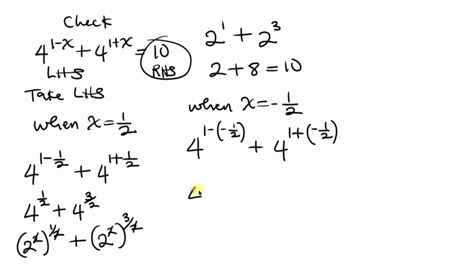Now we have 4 to the 1, negative times negative gives positive 1 over 2, plus 4 to the 1, positive times negative is negative 1 all over 2.